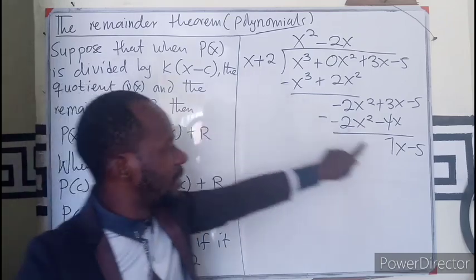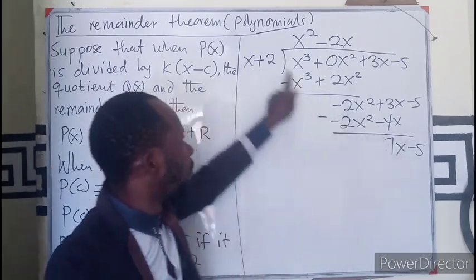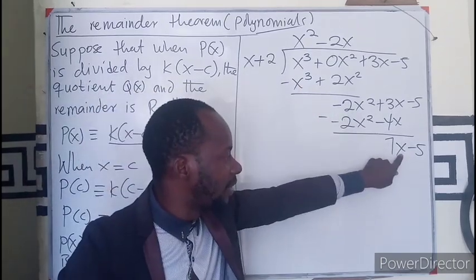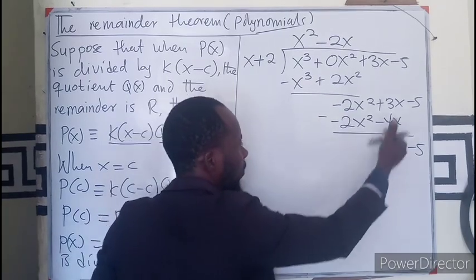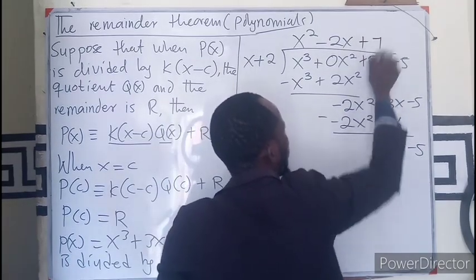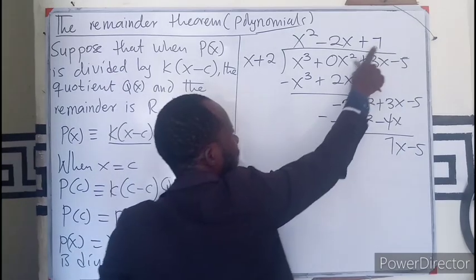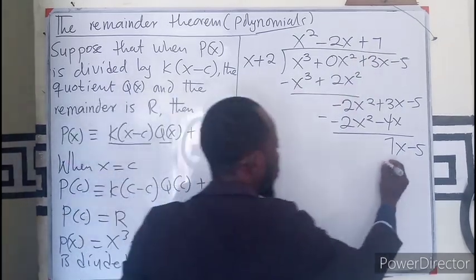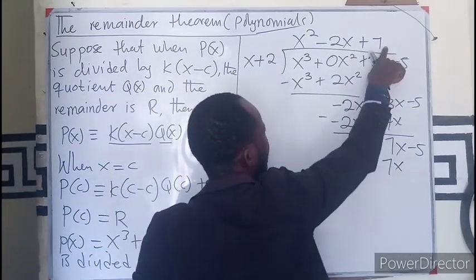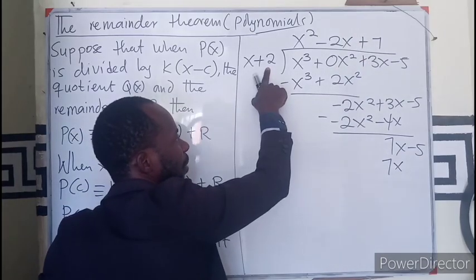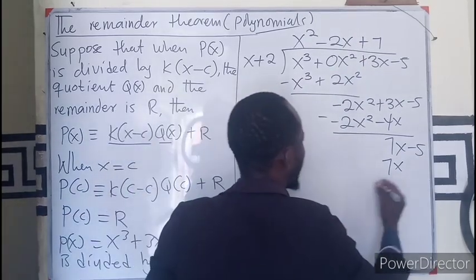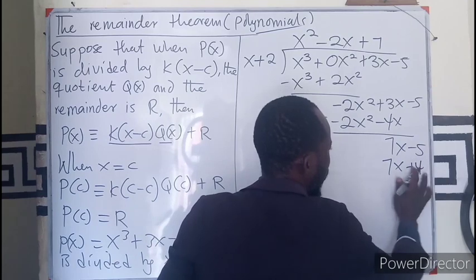Can we divide this by this? I believe the powers are the same. So it goes there to cancel this, leaving only 7. So plus 7. 7 will multiply this and give you 7x. 7 times this, I believe it will be 14. So we have plus 14.